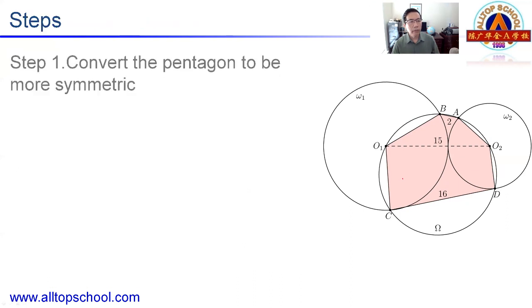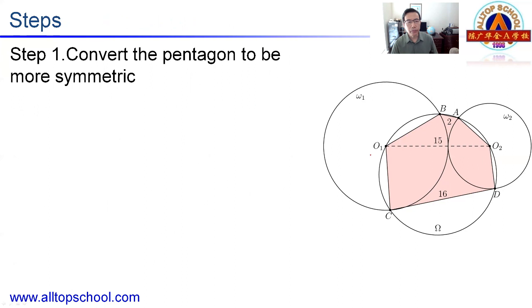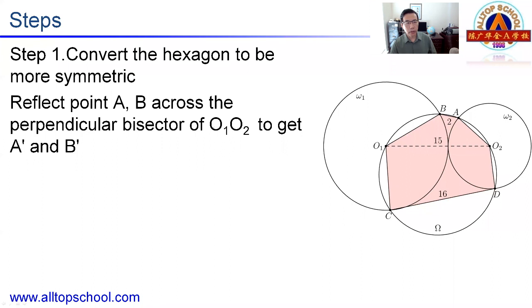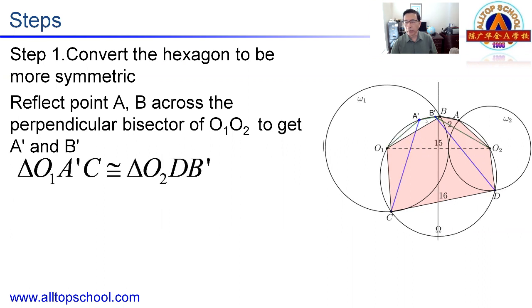We have several steps to solve this problem. The first step, we need to convert this hexagon into a more symmetric one. We can reflect AB across the perpendicular bisector of O1O2, since the two circles are tangent to each other. We get A prime and B prime, just like this.